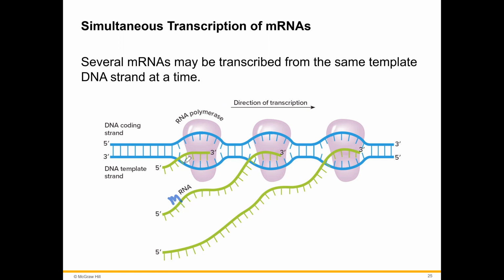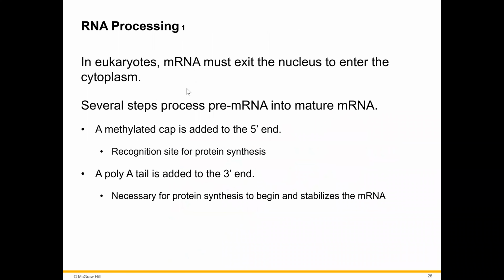Because we want to carry this message that was coded inside the DNA to the ribosomes, and we make proteins based on this information inside the sequence of nucleotides of the messenger RNA. In eukaryotes, messenger RNA must exit the nucleus to enter the cytoplasm, right? So messenger RNA is made inside the nucleus. Several steps process pre-messenger RNA into mature mRNA.